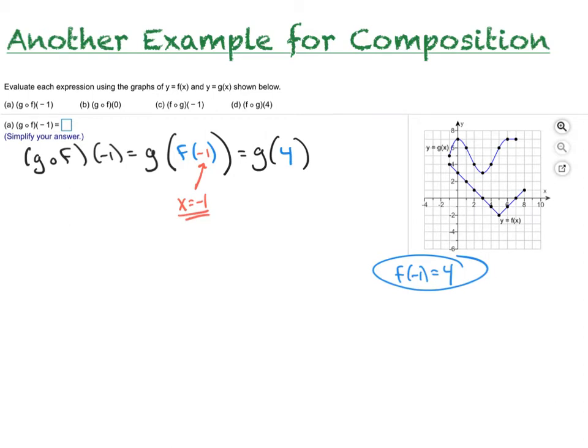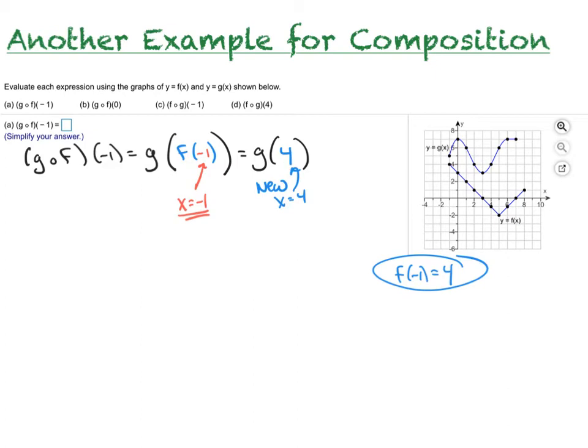Okay, now let's finish this part of the problem. g of 4, so now our new x is x equals 4. Again, looking along the x-axis to x equals 4, but this time going to where the g graph lives.